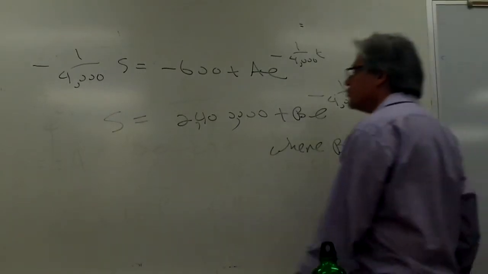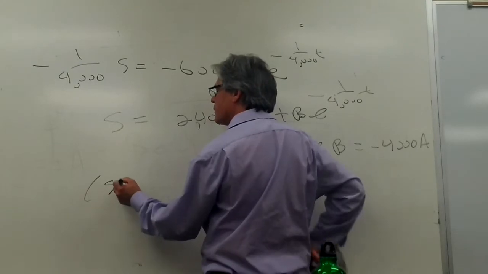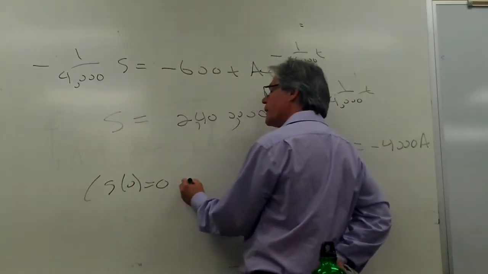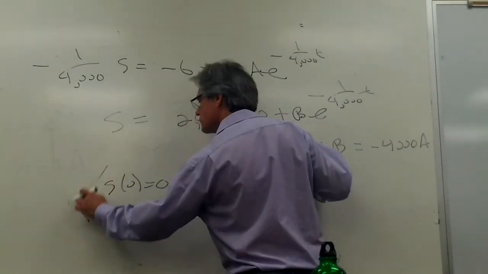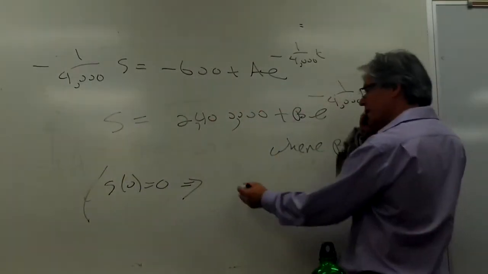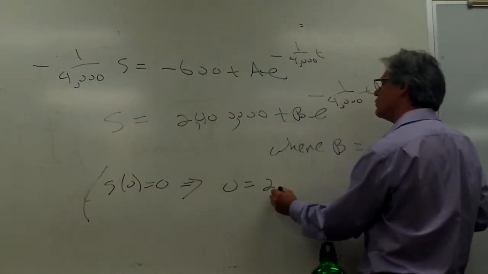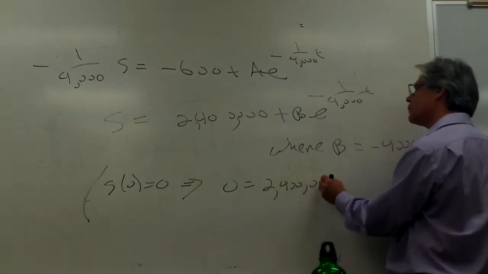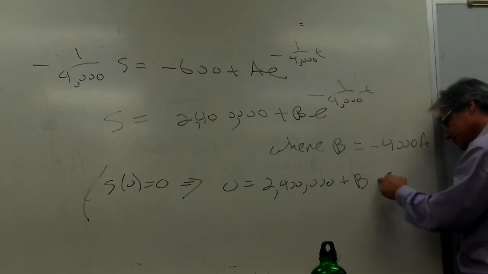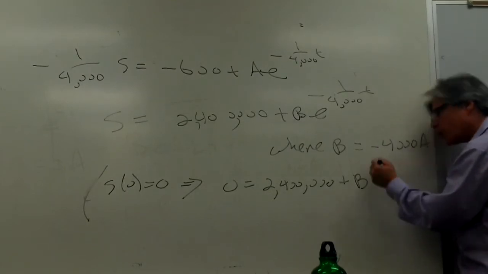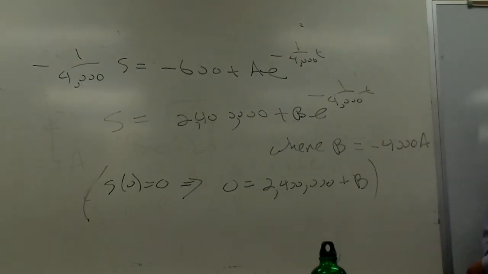That being the case, I do know that S evaluated at 0 is equal to 0, but that necessarily implies from this equation right here that 0 is equal to 2,400,000 plus B times e to the 0, which is 1. It just means B is negative 2,400,000.